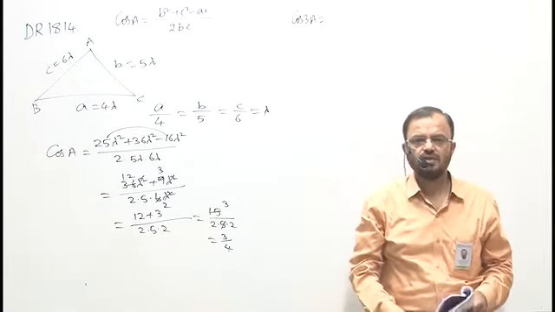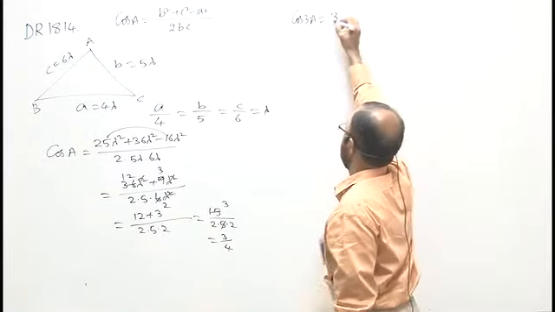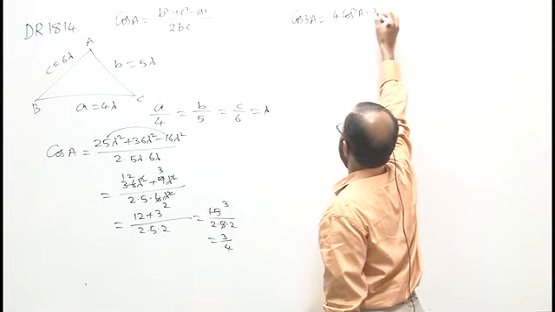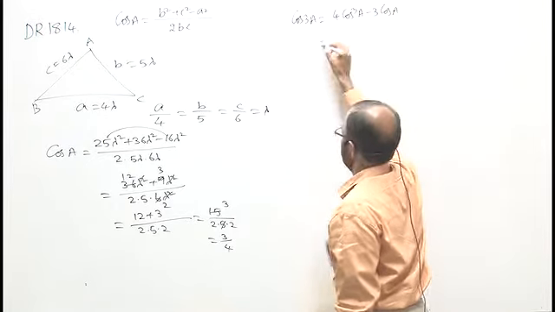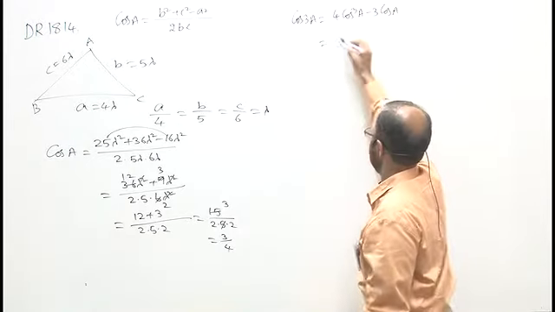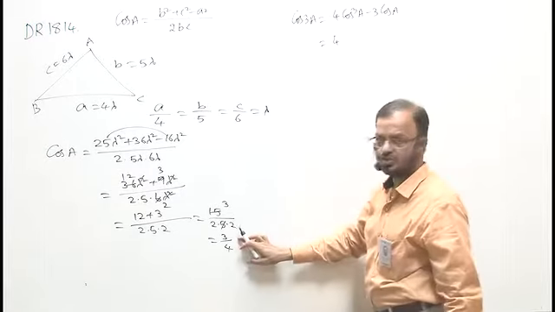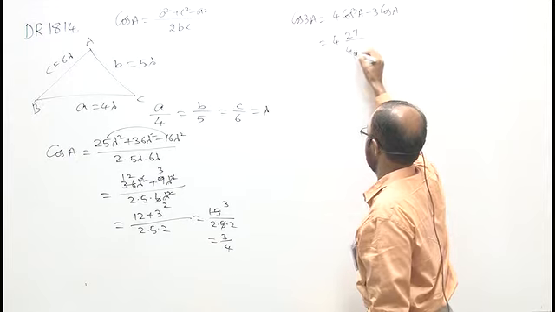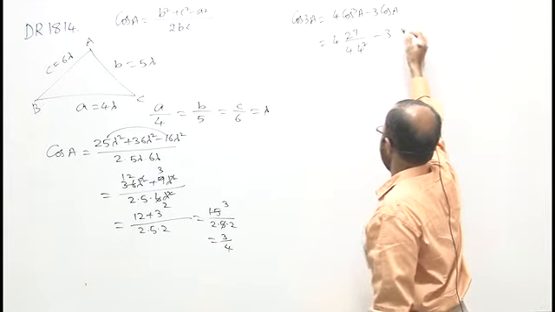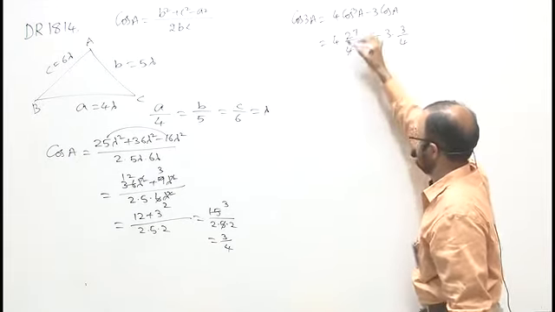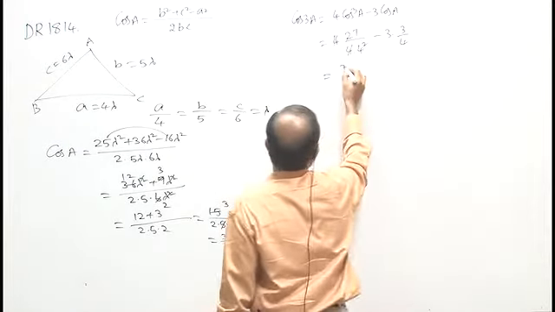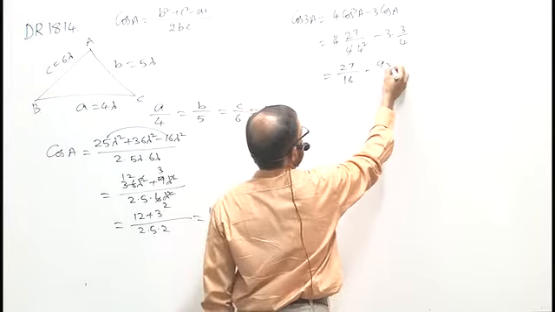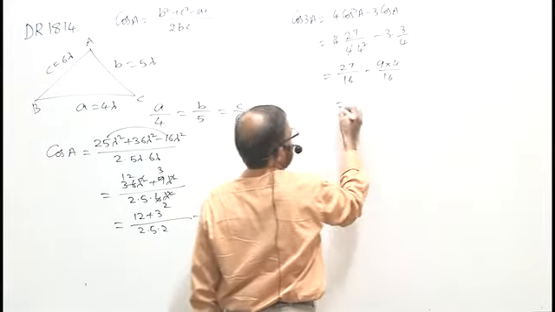According to the formula, I can say cos 3A is 4 cos cube A minus 3 cos A. Substituting the value, I will get 4 into (3/4) cube minus 3 by 4. 4 into 27 divided by 4 cube, this 4 and 4 get cancelled. 27 divided by 16 minus 9 into 4 divided by 16.